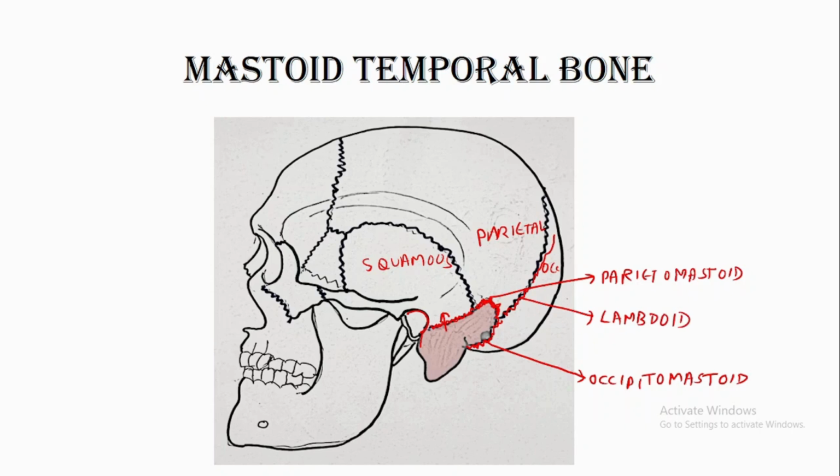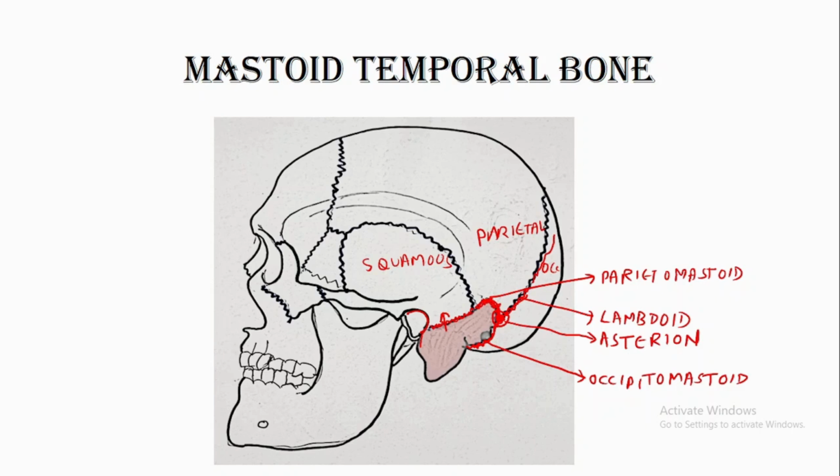So these three sutures meet at a point. This parietomastoid suture, this occipitomastoid suture, and this lambdoid suture. They meet at a point here. This point is called asterion.